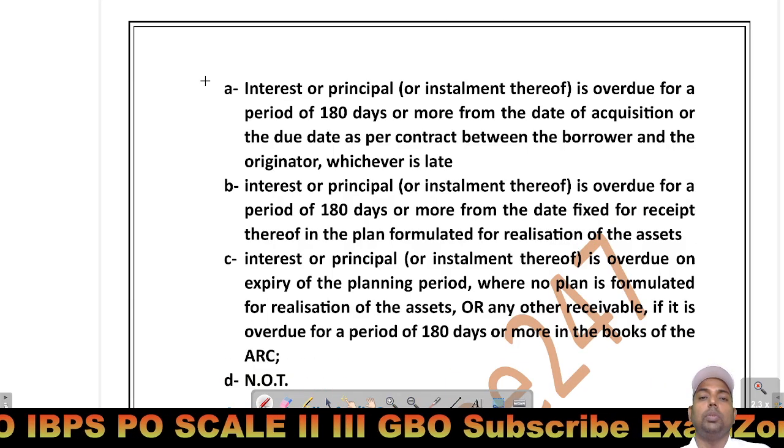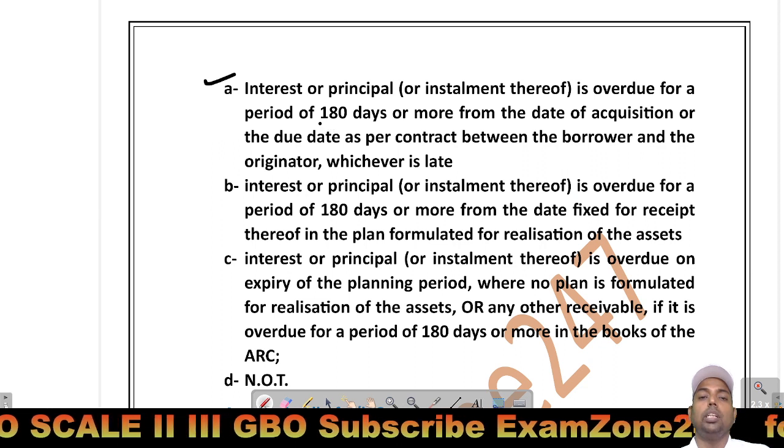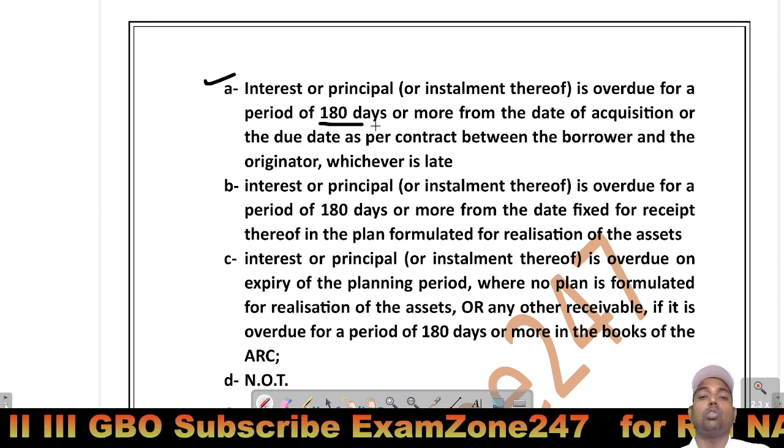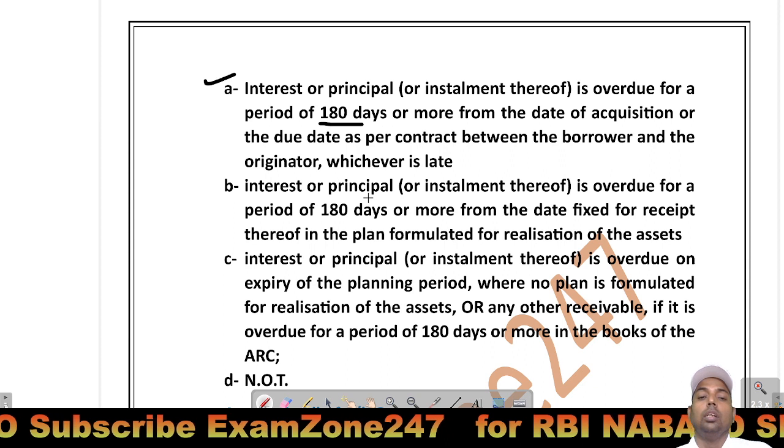If interest or principal is overdue for a period of 180 days, the 90 days concept is not there.